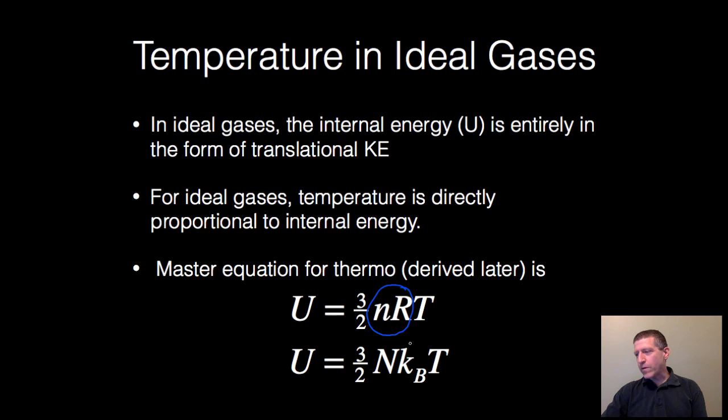Well, if you just look at the parallelism here, the number of moles times the universal gas constant is equal to the number of molecules times Boltzmann's constant. So as we'll see, the Boltzmann's constant is just the universal gas constant divided by Avogadro's number. We'll see that much later.